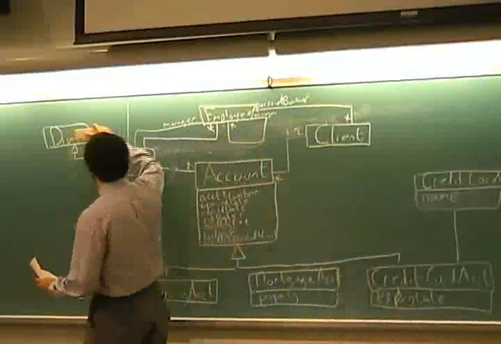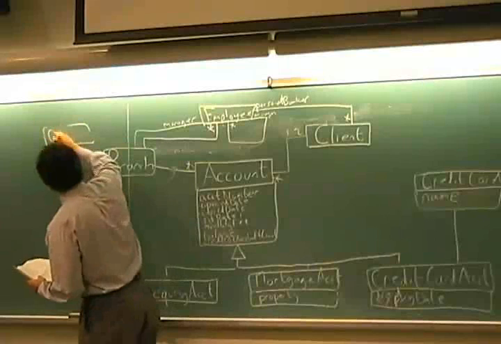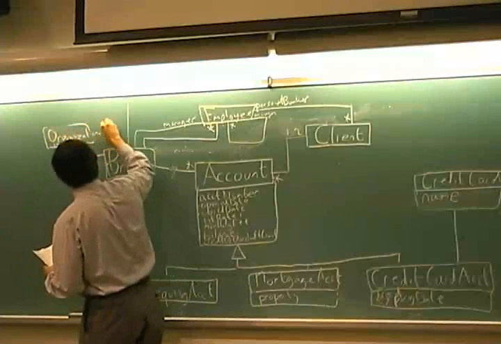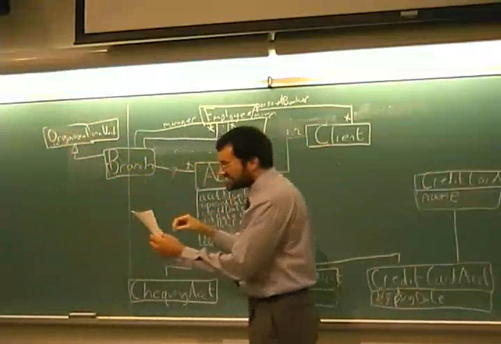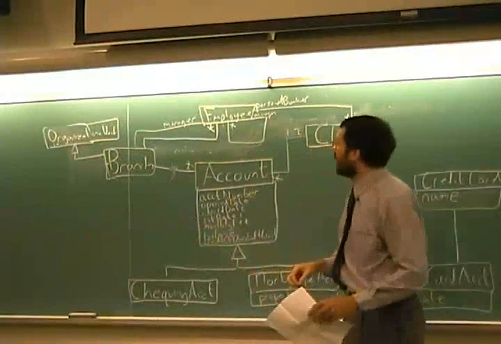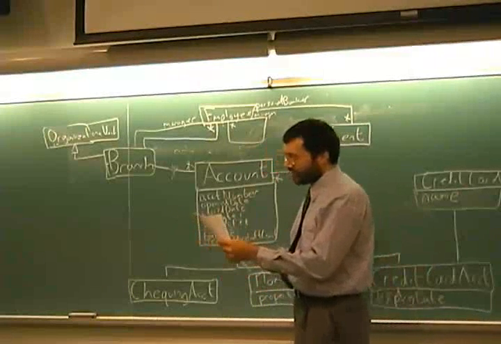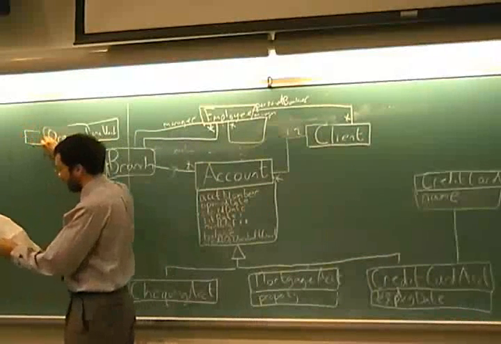I'm going to change this thing called division here. I'm going to change it to organizational unit. Okay? And I'm going to consider the branch definitely a kind of organizational unit. And I'm going to also say that I think that these organizational units can be broken up in quite flexible ways.